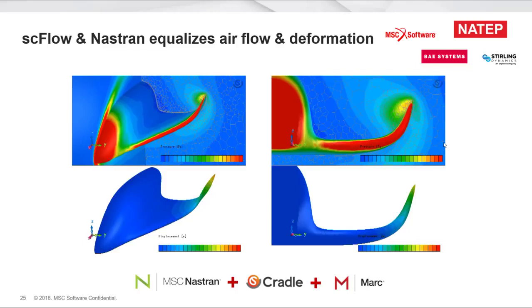We've got a simple load transfer going on between Cradle and Nastran. We've also got an API-based coupling for CFD to Nastran's aeroelastic simulation, which I mentioned earlier. We've also got a direct co-simulation connection with Marc that we've simulated as well, so that we can compare some of the results. And here you can see some of those. We're using results like that to start providing guidance to our customers about what's best for them in the case studies that they have.